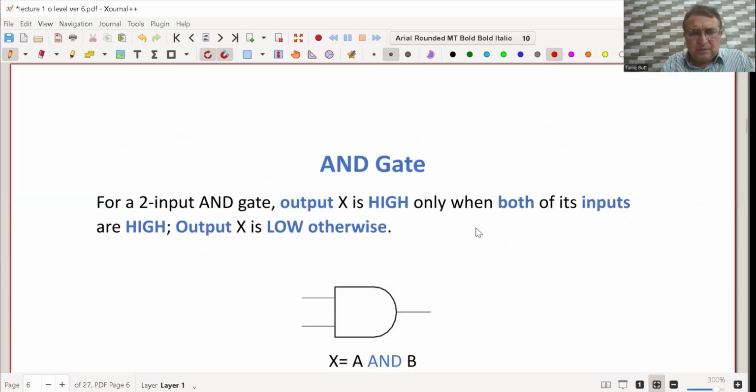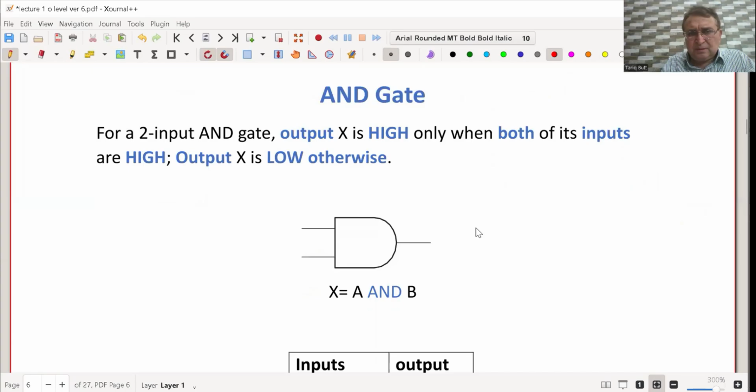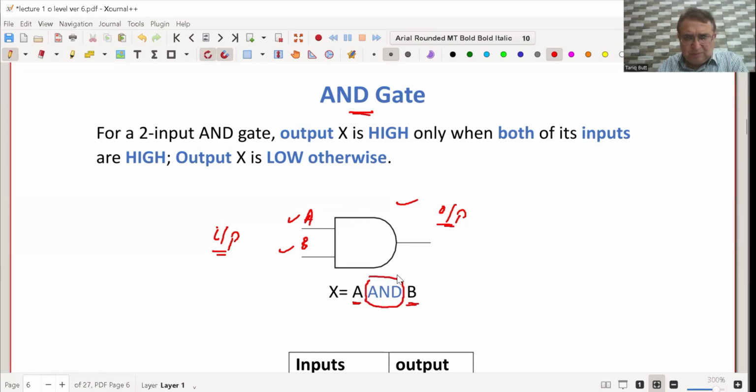Let's move to the next, and that is AND gate. AND gate, its symbol is like this: 2 input AND gate. These are the inputs. Fine. The symbol for AND gate, this is output. So let's say inputs are A and B. Then the logic expression for its output is represented like this: first input A, the second input B, coupled through AND.